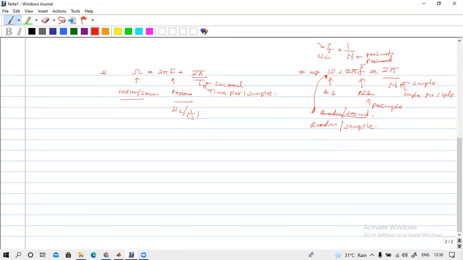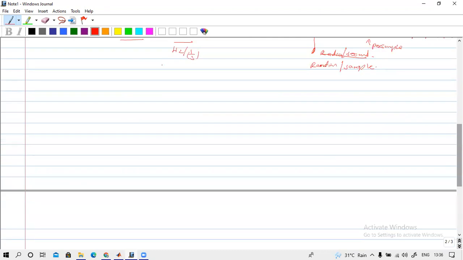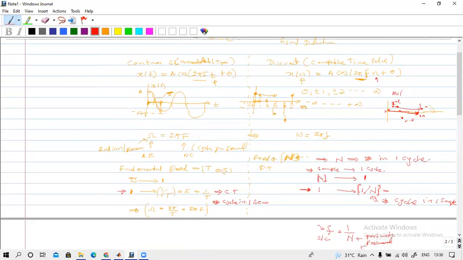Dr. Udesh also mentioned that this is related to discrete time signals only. So try to memorize these things. This is a continuous signal, this is a discrete signal, and this is how each looks.